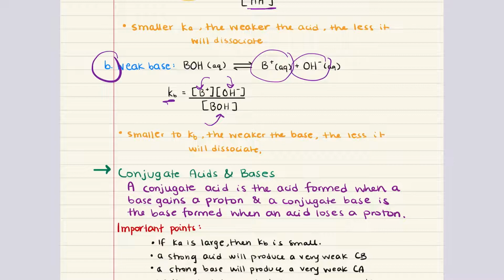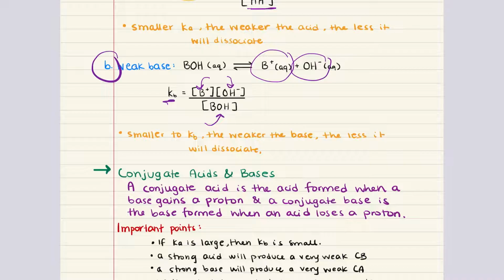So as with acids, water is not included in the equilibrium expression because it is a liquid. Now, an example of a weak base is ammonia. Generally speaking, we can characterize a species as a weak acid if its Ka is less than 1, and as a weak base if its Kb is less than 1.